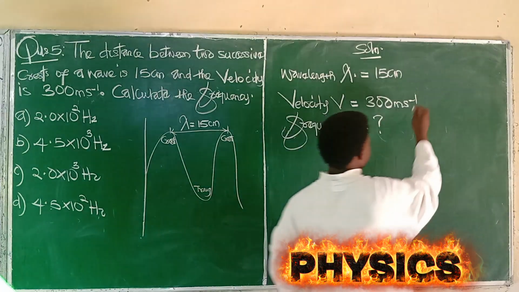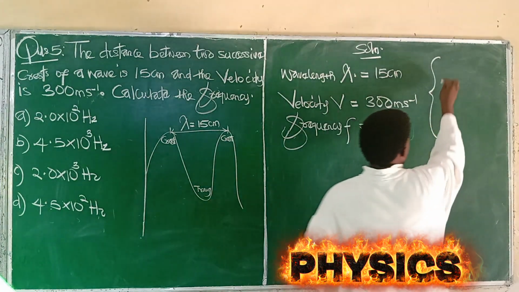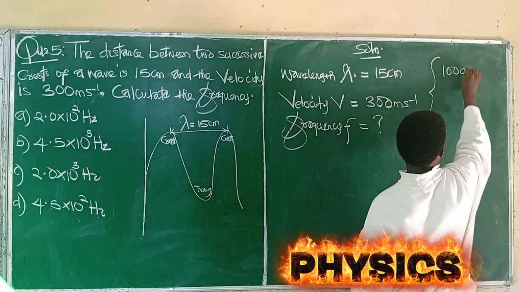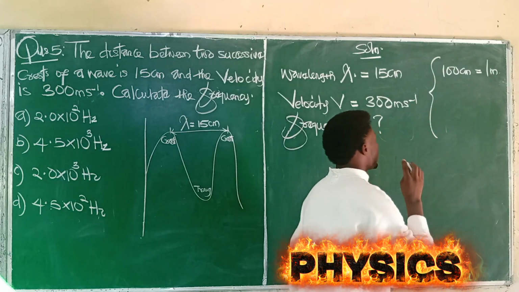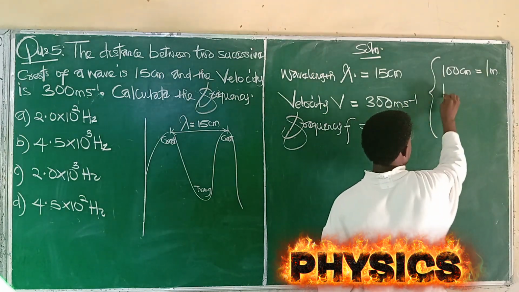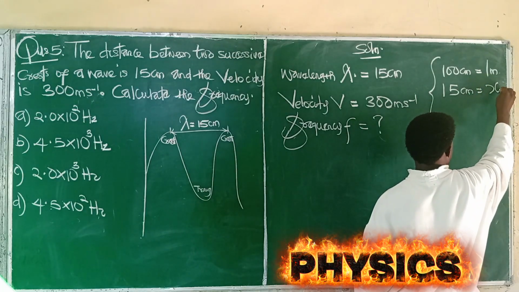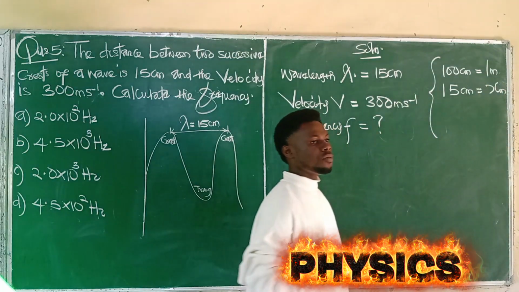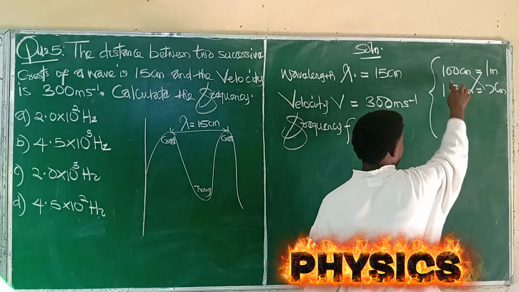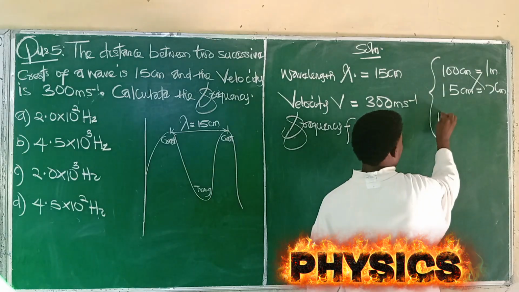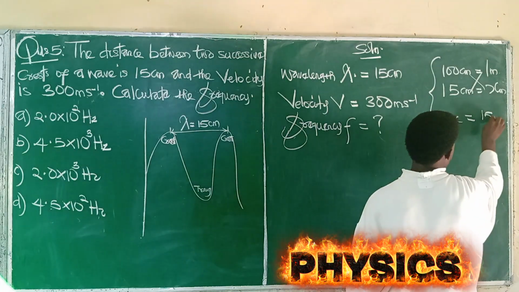For the first parameter on the board, wavelength, it is given as 15 centimeters. We can convert these 15 centimeters to meters. 100 centimeters gives 1 meter. Therefore, 15 centimeters is given as x meters. So x is the unknown value which we are looking for. When cross multiplied, we obtain 100 times x, which is 100x, equals 1 times 15, which gives 15.